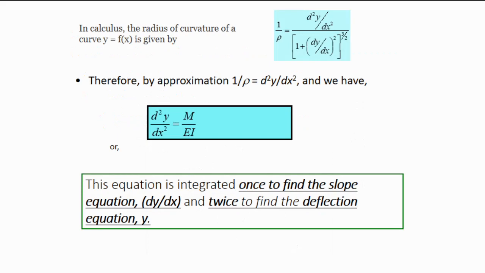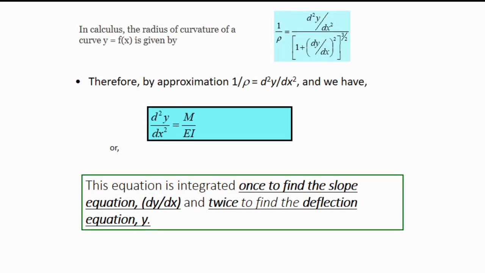In calculus, the radius of curvature of a curve can be given by this expression. Therefore, by approximation, we can write 1/rho = d²y/dx², as this value we can take as 1.